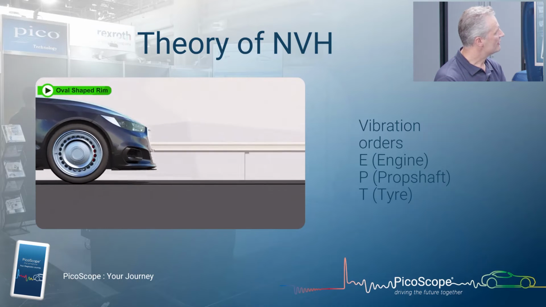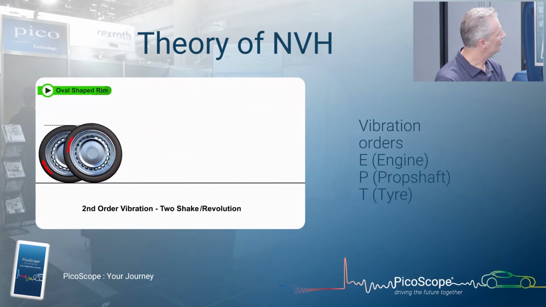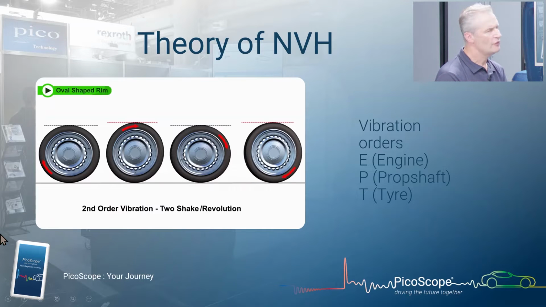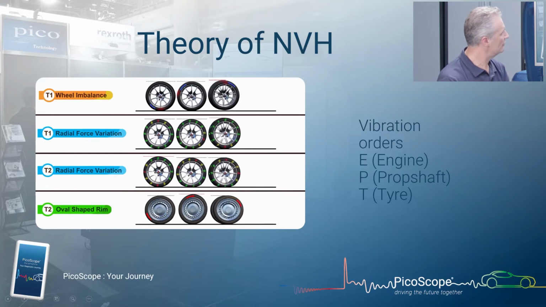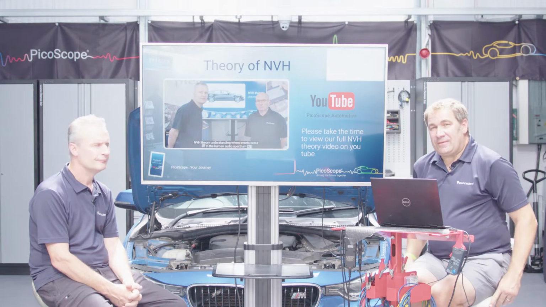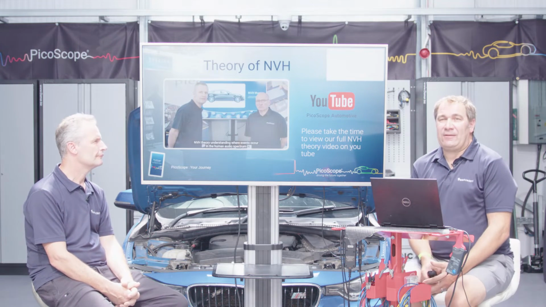That is going to give us a second order, 2 disturbances for 1 revolution, which no amount of balancing is going to cure. So it's worth remembering that with first order vibrations, a balance may be a cure, but certainly a second and third order is not balance.